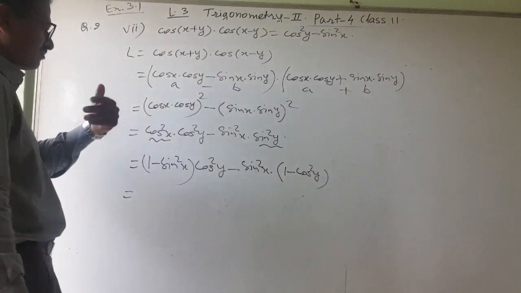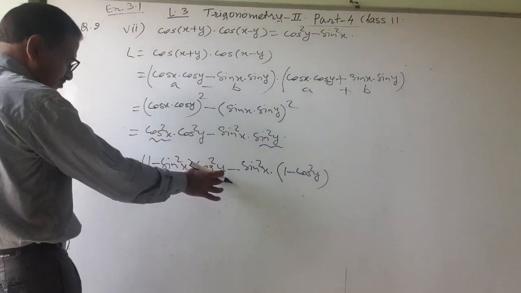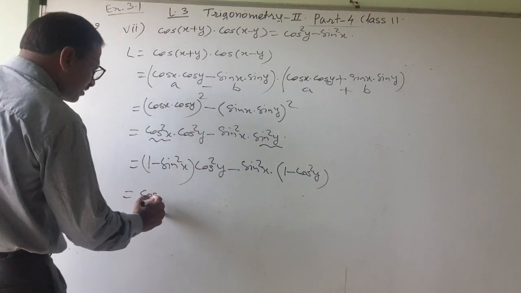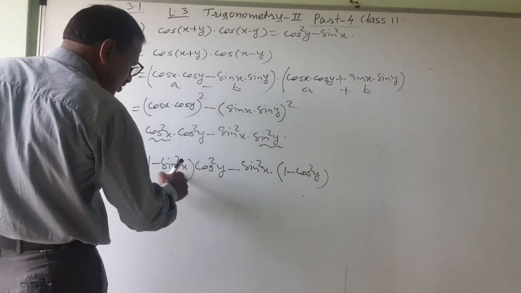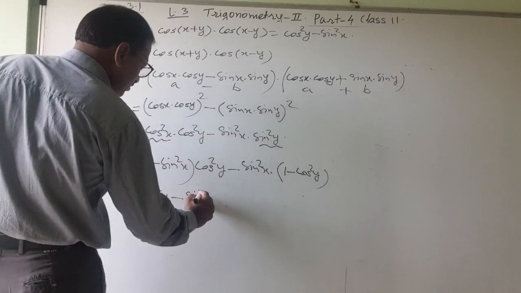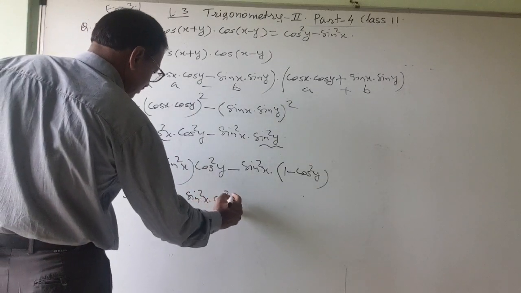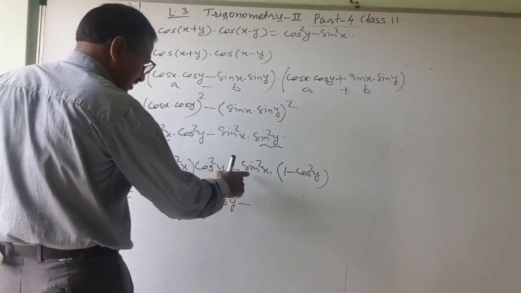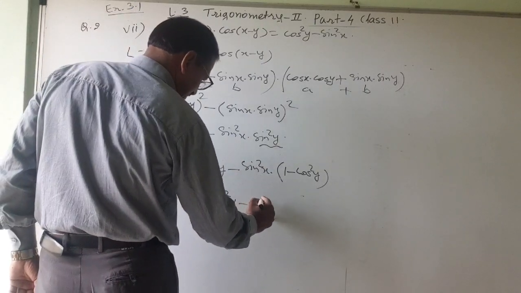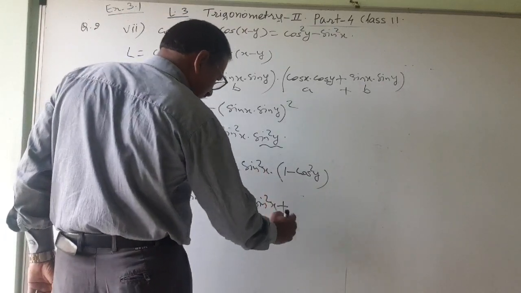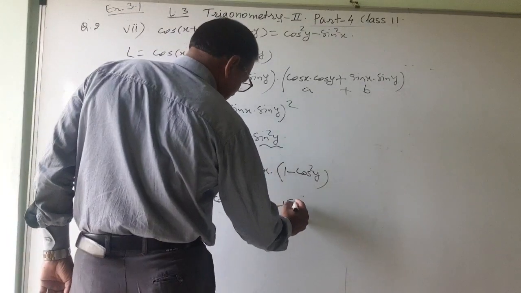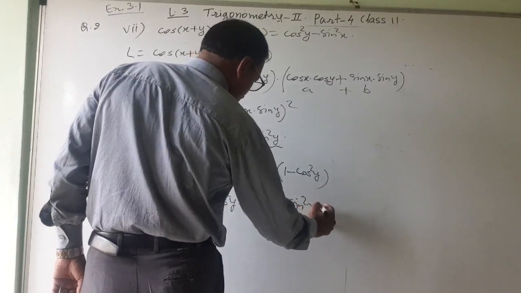Check it and multiply this. Cos square y into 1 is cos square y, minus sin square x into cos square y, minus, this into this will be sin square x, this minus plus, sin square x into cos square y.